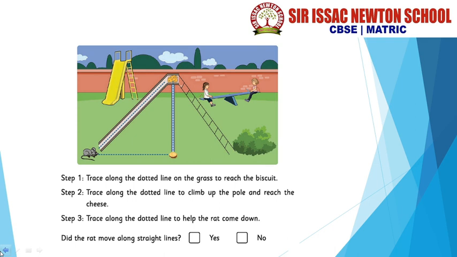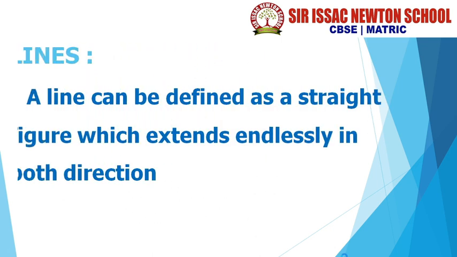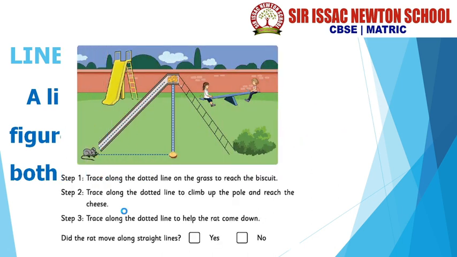Step 1. Trace along the dotted line on the grass to reach the biscuit. Here is the rat and here is the biscuit. We have to trace this dotted line to reach the biscuit. Okay, but the definition for a line is that it extends endlessly in both directions, right?